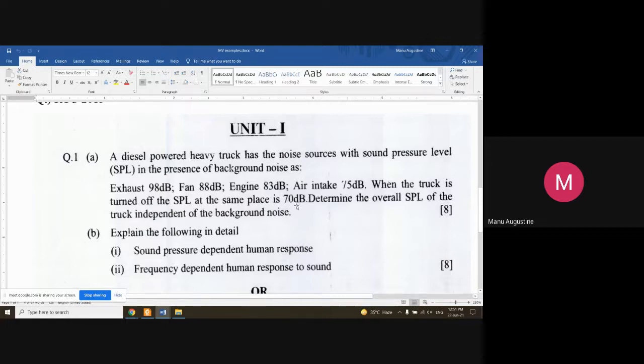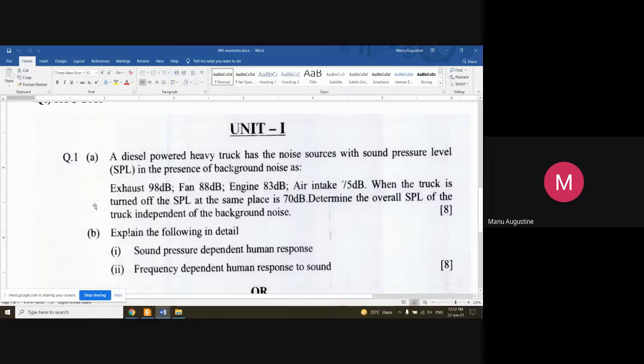So it is saying that if ambient noise were not there, then what would have been the total SPL of the truck alone? That is, the exhaust independent of ambient, the fan independent of ambient, engine and air intake, all calculated independent of the ambient noise, how many decibels each comes to, we have to calculate and total that.